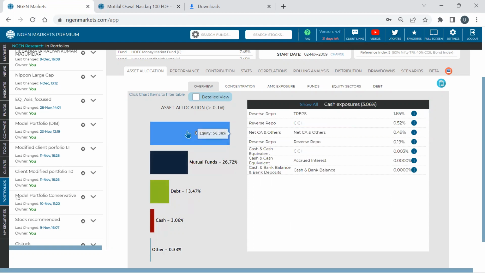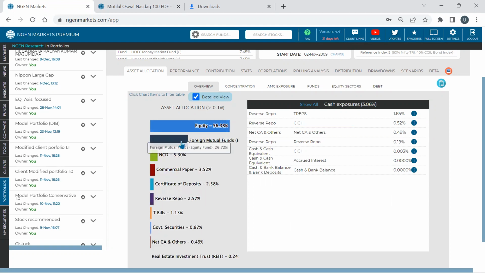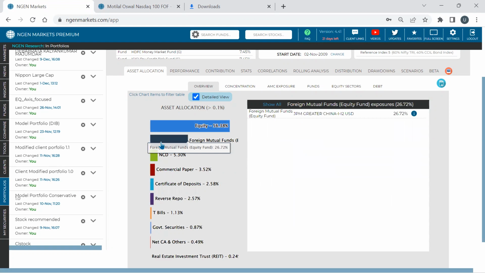If you want to look at a slightly detailed view, you can check that box on the top right, and you'll actually get a detailed categorization of the underlying exposures. So please note that these are analyzing the underlying holdings of the mutual funds in your portfolio. So it's analyzing your exposures, not your holdings.